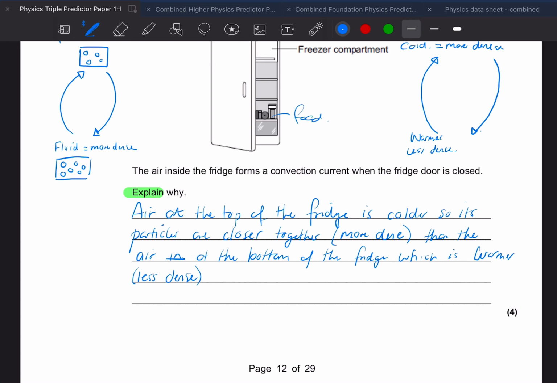I always get to this point where I need to probably start rereading. The air at the top of the fridge is cooler, so its particles are closer together than the air at the bottom of the fridge, which is warmer, less dense.